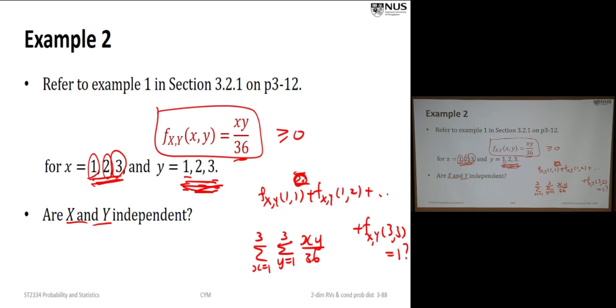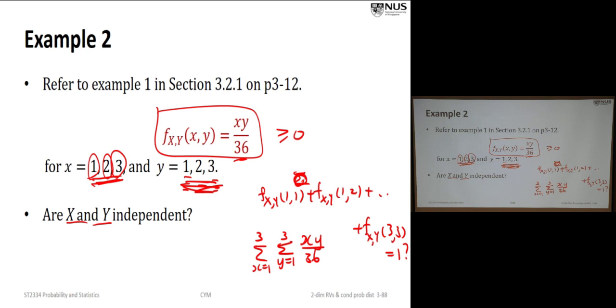Now this double summation sign may be quite complicated for some of you, but what it means is that we start from the outside, the outermost summation sign, this x equal to 1 to 3. So in other words, we take x equal to 1, x equal to 2, and x equal to 3.